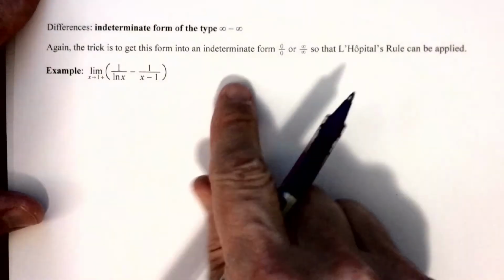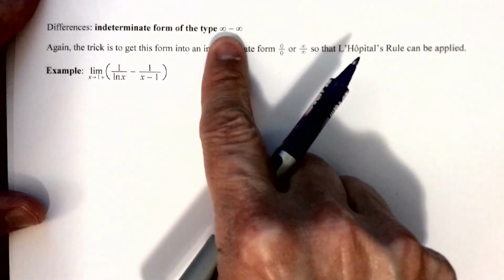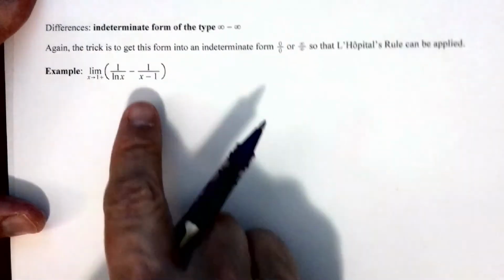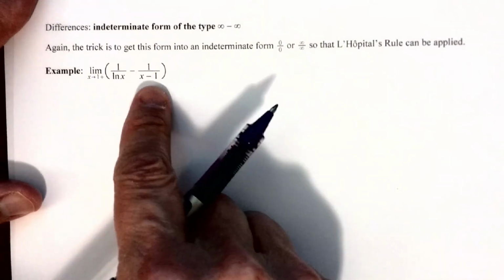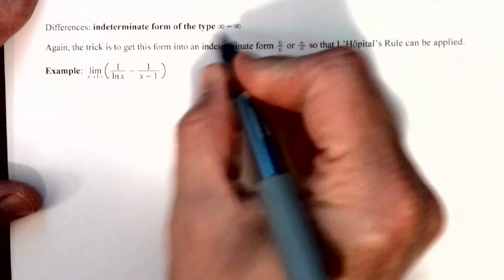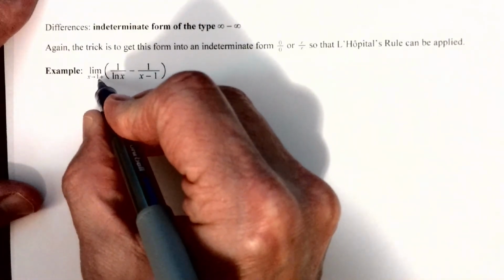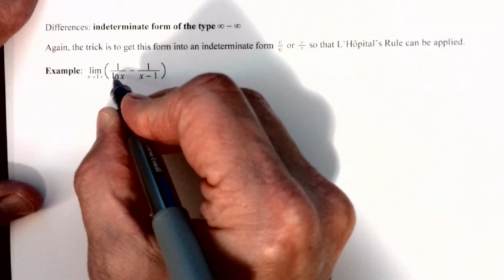So the trick here again is to get it into one of these two forms so that L'Hopital's rule can be applied. So that is not a L'Hopital rule form. So what can I do here? Well, let's show that this indeed is infinity minus infinity. As x approaches 1 from the positive side, the natural log of x at 1 is 0, if you remember.